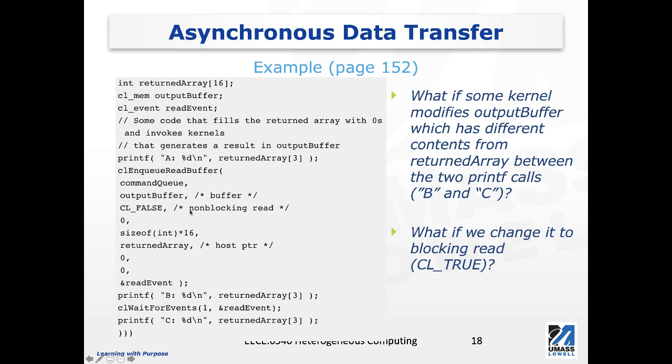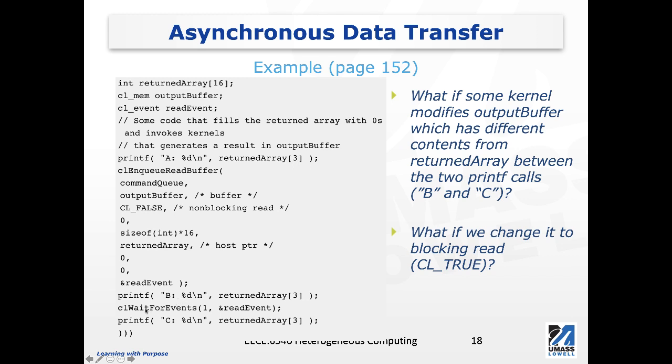Blocking read will not return until this read operation is completed, which means that this printf will not be executed when this read buffer is in progress. So we can know that at this point, when we execute this printf B, for sure this read buffer operation has been completed. So we expect to see the correct output value printed out during this line, print B.